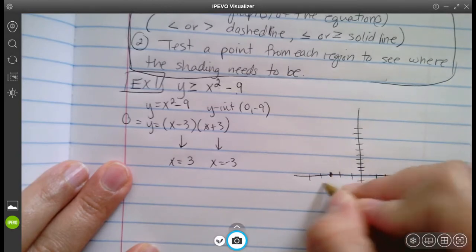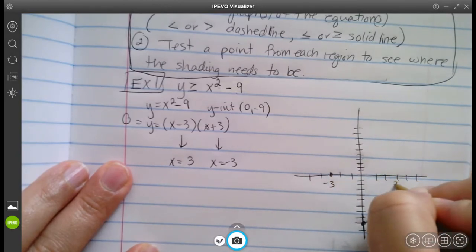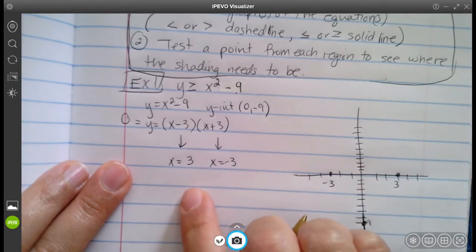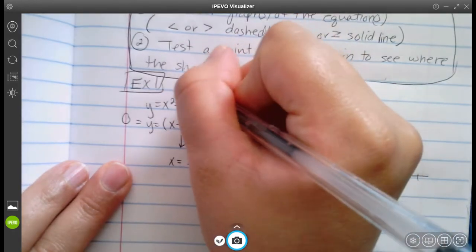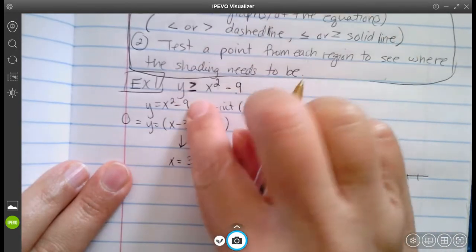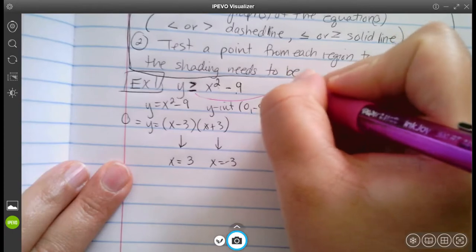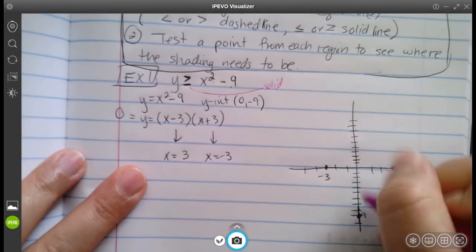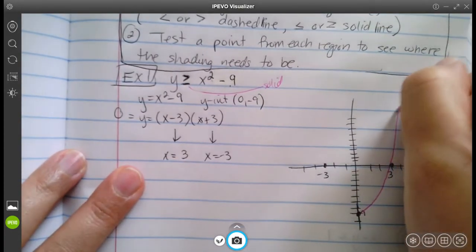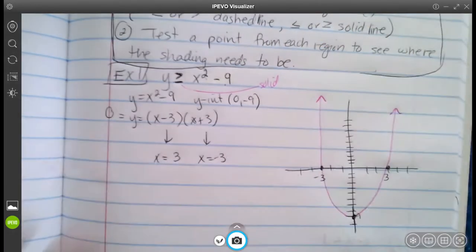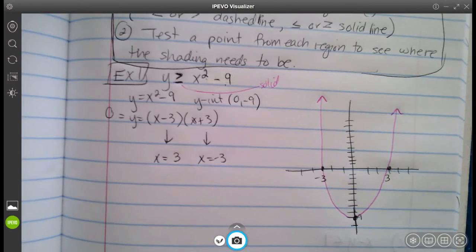So let's plot those also. And that's a pretty decent sketch of what this is going to look like. I also know that this is going to be a solid line, which means I can go ahead and connect this like so. Something like that.